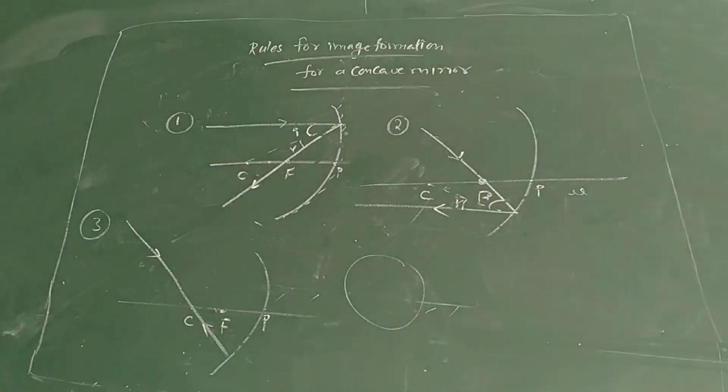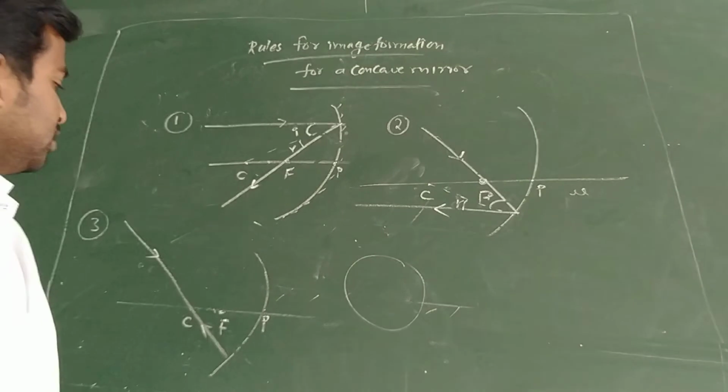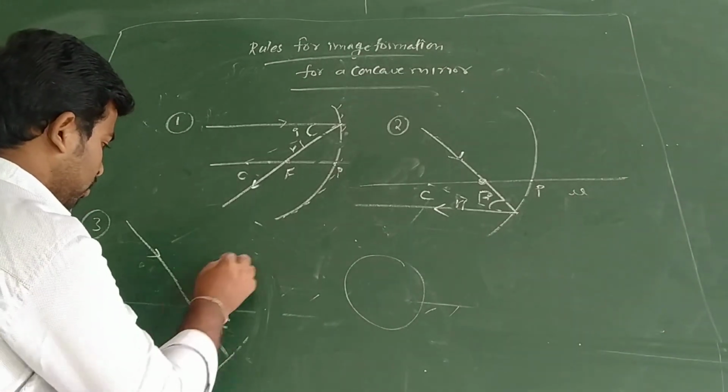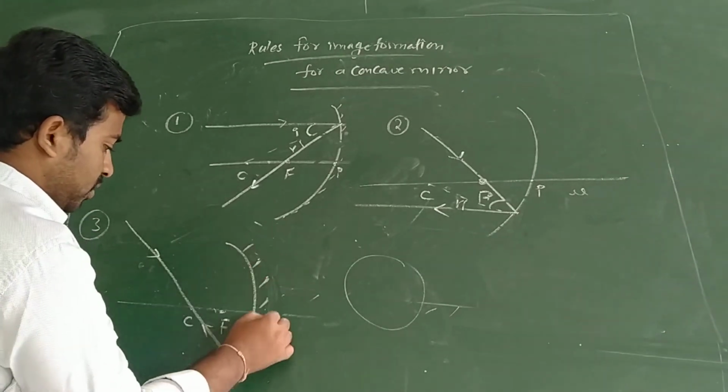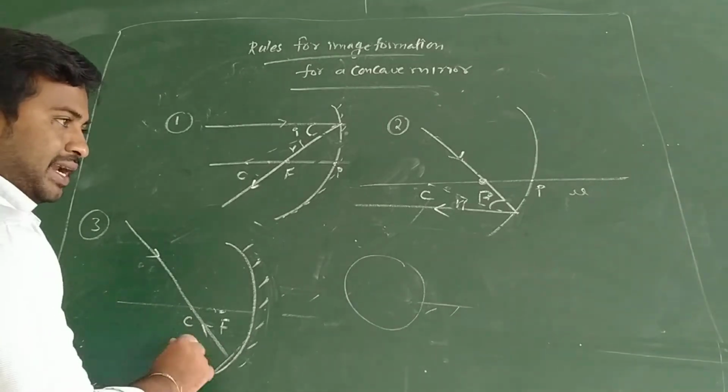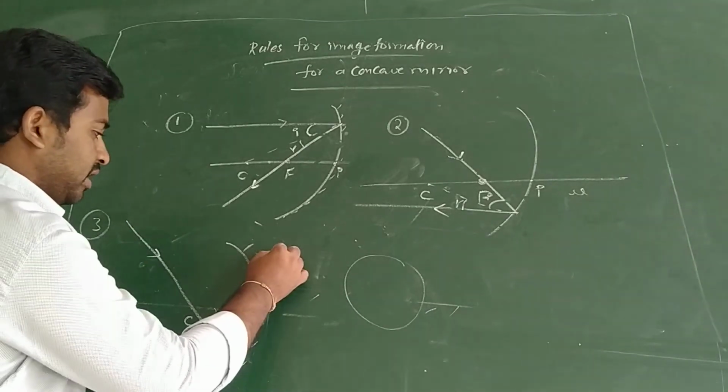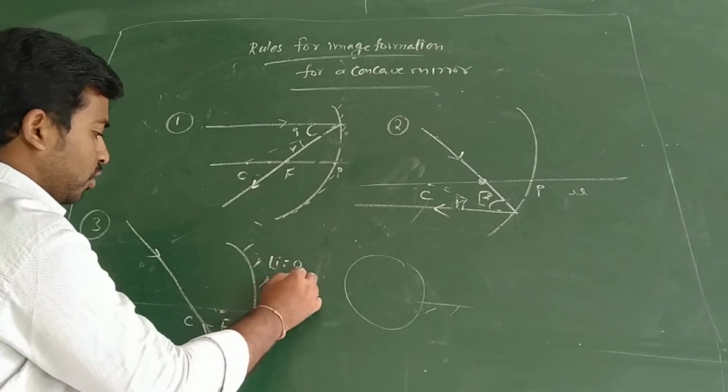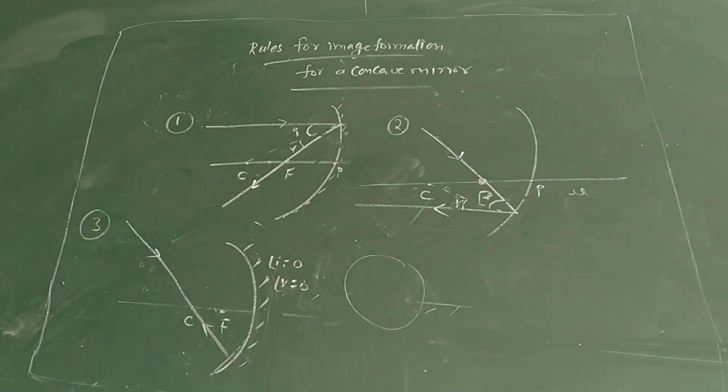Then what about here? Here there is no angle of incidence and no angle of reflection, because the incident and reflected light rays both lie along the normal itself. Then angle I equals 0 and angle R is also 0 in the case of the center of curvature.